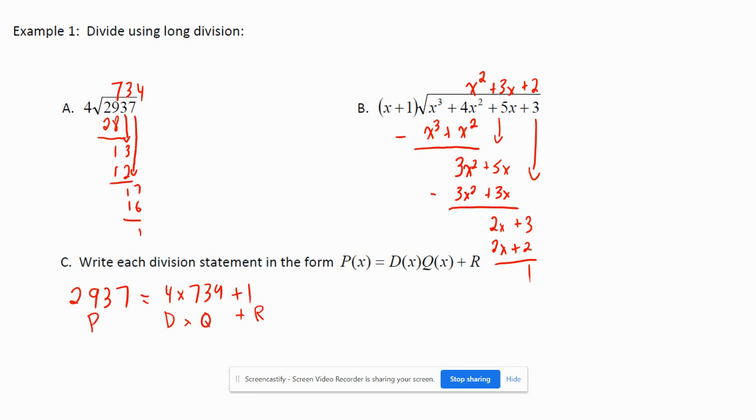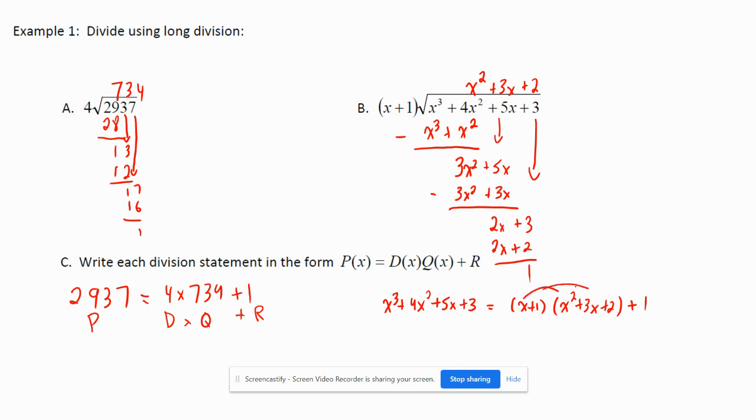Applying this idea to example 1b, we should get x cubed plus 4x squared plus 5x plus 3 equals the divisor, which is x plus 1, times the quotient, x squared plus 3x plus 2, plus the remainder of 1. Let's just quickly double check to make sure that this times this plus this does equal this.